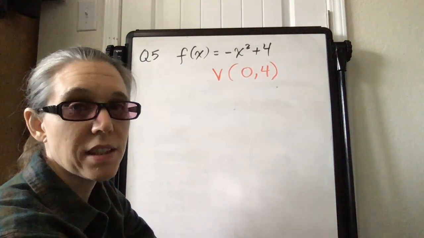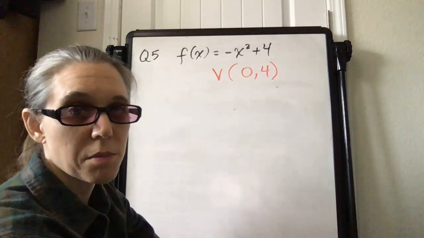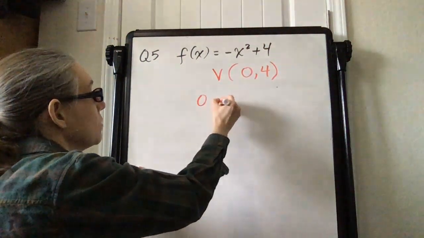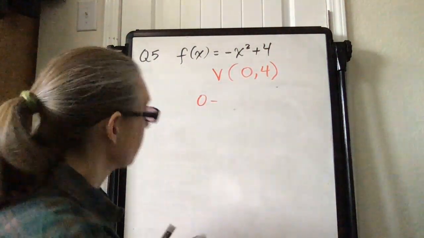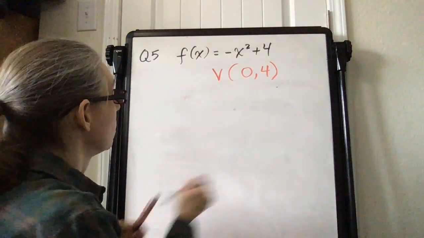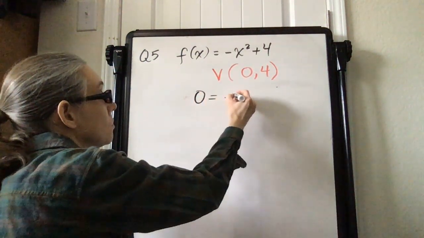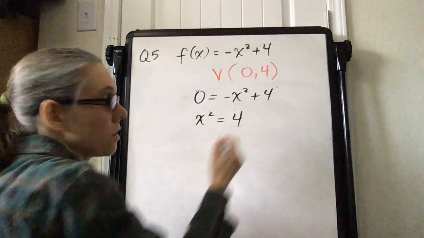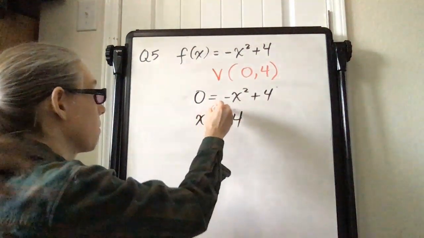Okay, and then to find the x-intercept, remember you're just going to replace y with 0. Let's do that in black. Take the square root of both sides.